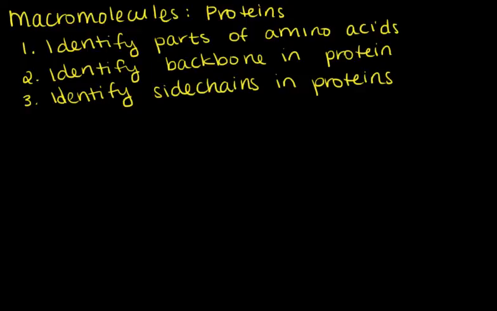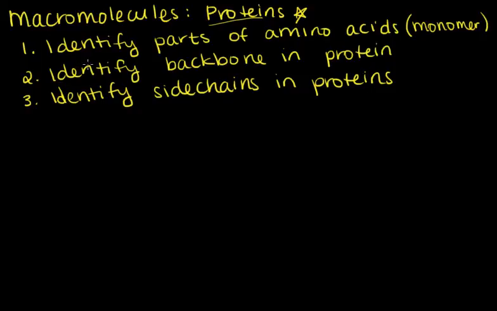A lot of students have the most trouble identifying the monomers and the polymers of proteins. The monomers we're going to talk about are amino acids. So it's important, in order to understand proteins, to really understand the parts of the amino acids. It's the monomer, so that's our first goal.